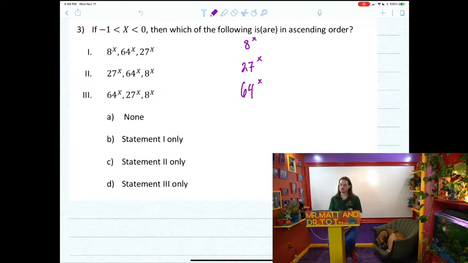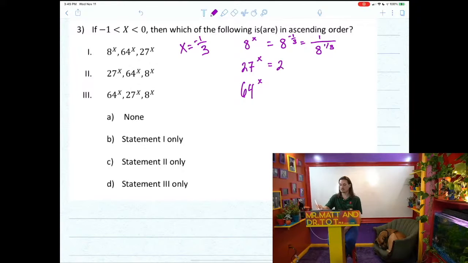But this is particularly written for x equal to negative 1/3, because taking the 1/3 power is the same thing as taking the third root of a number. So 8 to the negative 1/3 we could rewrite as 1 over 8 to the positive 1/3.